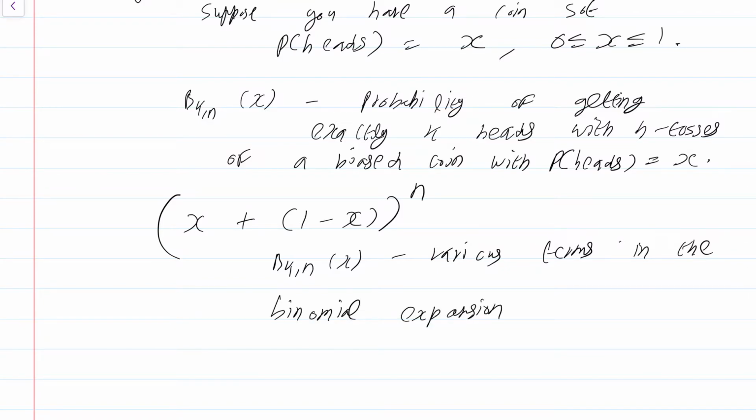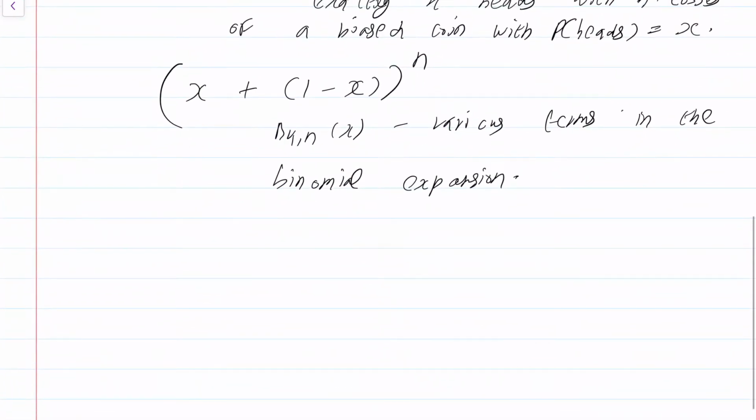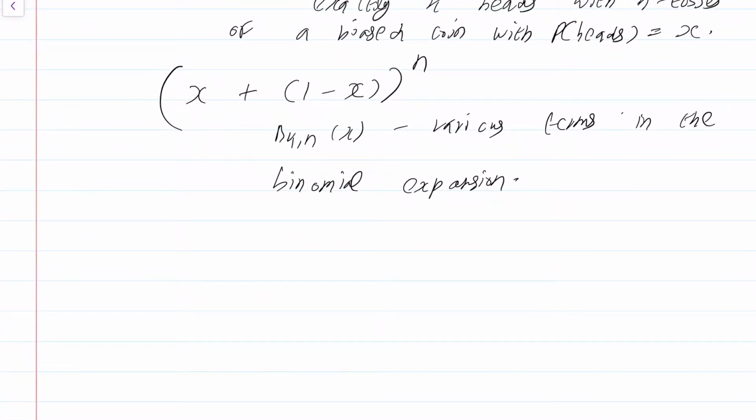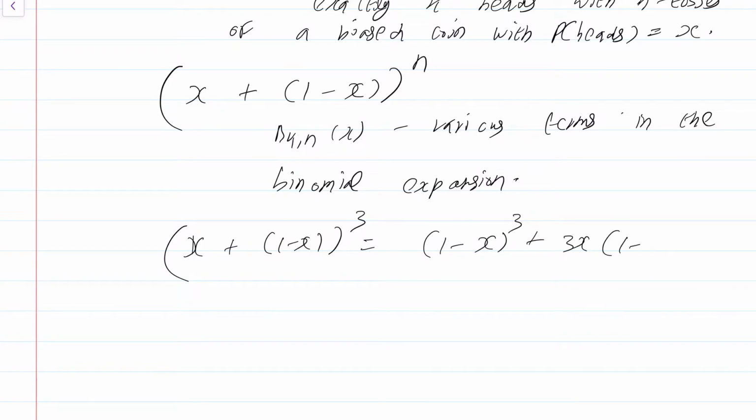For instance, let's just write down what it's going to be in the case when n equal to 3. So you just have (x plus (1 minus x)) to the power 3. Okay, so this is going to be (1 minus x) cubed plus 3x times (1 minus x) squared plus 3x squared times (1 minus x) plus x cubed.